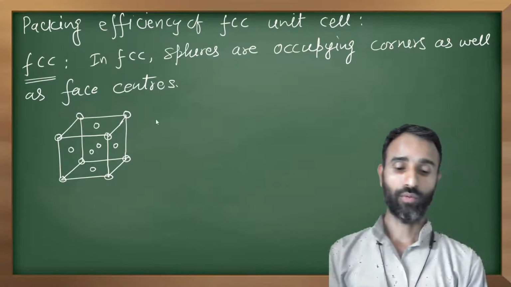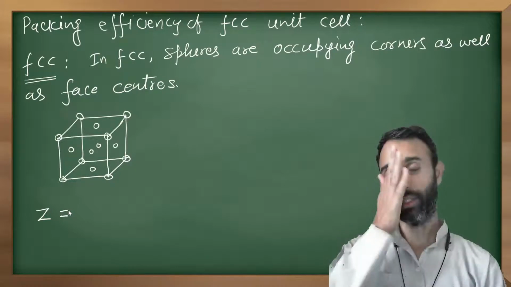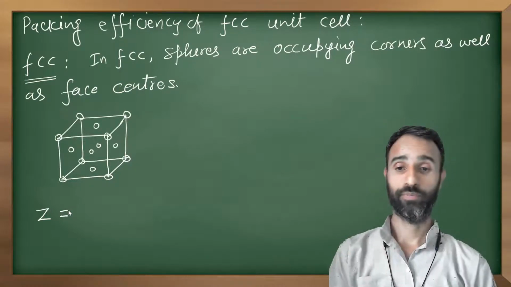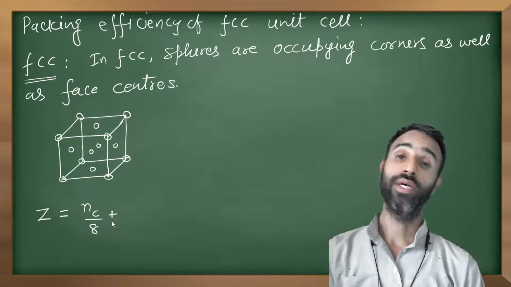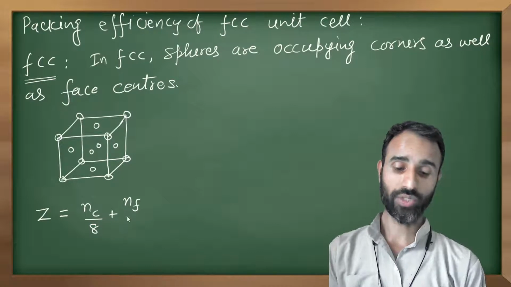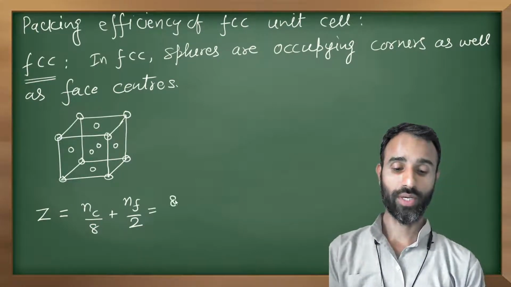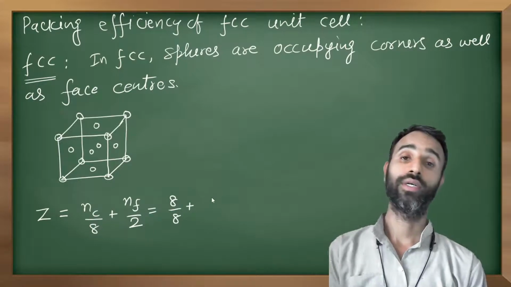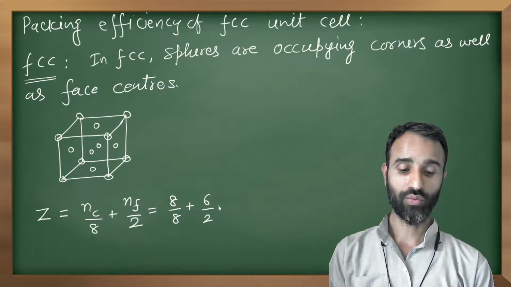So you know what is Z now? Yes beta, what is Z? Each corner atom is shared by 8 unit cells, and each face centered atom is shared by 2 unit cells. So it comes out to be 8 by 8 plus, how many faces are there? 6. So 6 by 2, that is 1 plus 3 means 4.